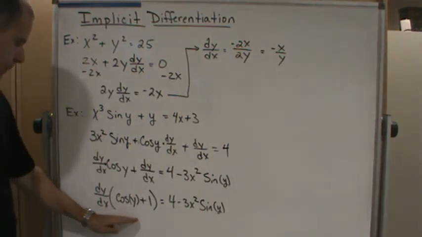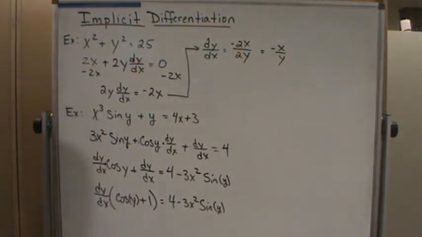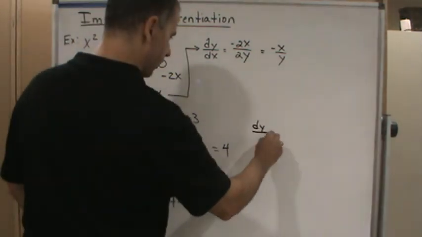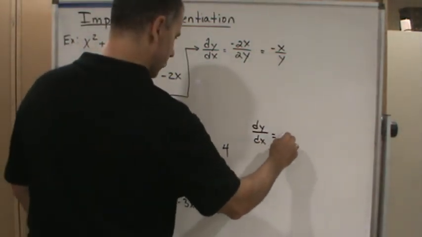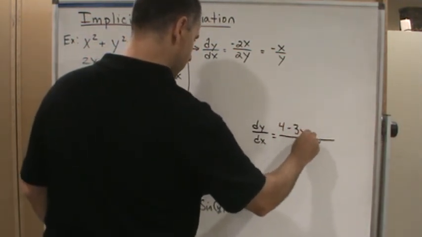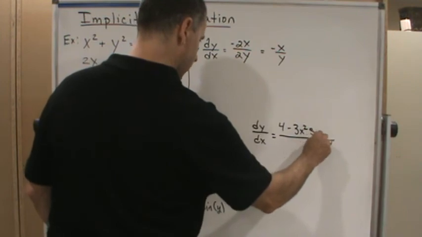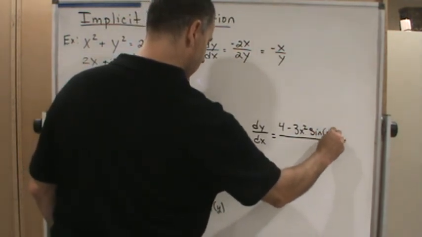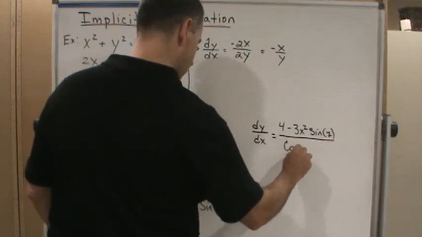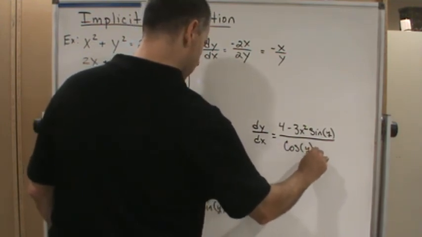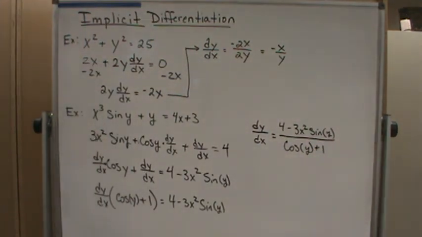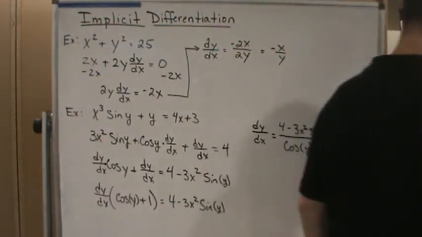Now I'm just going to divide both sides by cosine y plus 1, and I'm done. So dy/dx is equal to 4 minus 3x squared sine y, all divided by the quantity cosine y plus 1. And that's where we would stop.